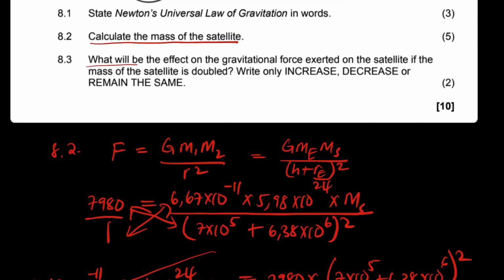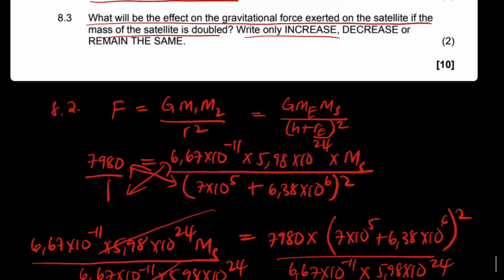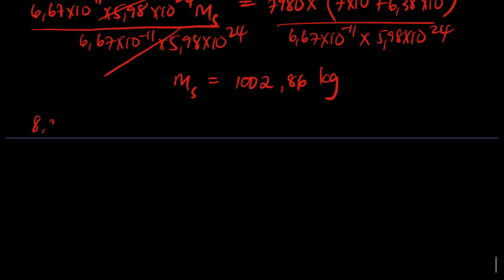It says, what will be the effect on the gravitational force exerted on the satellite if the mass of the satellite is doubled? That's 8.3. The force is directly proportional to the product of the masses, which is the mass of the Earth times the mass of the satellite.